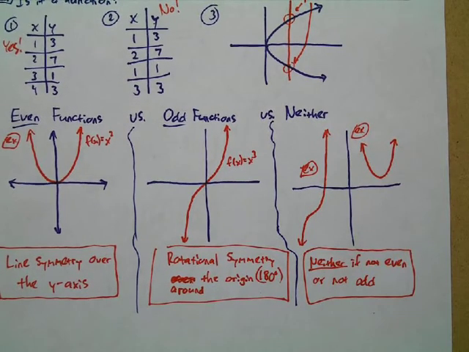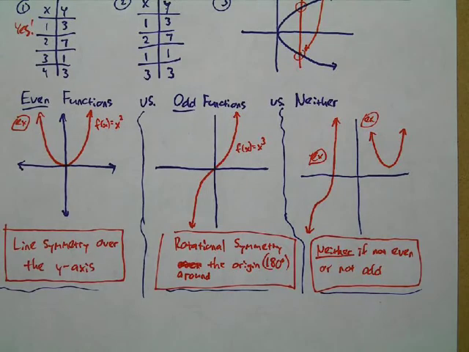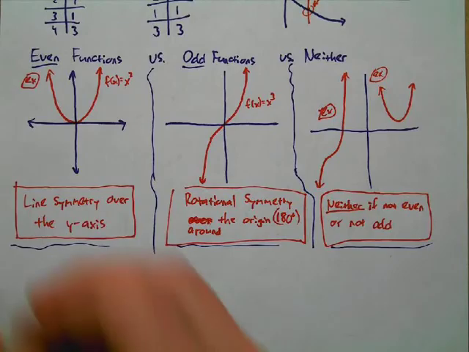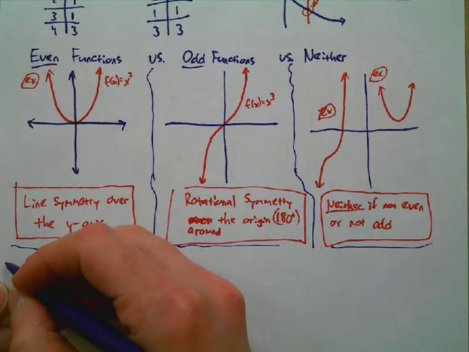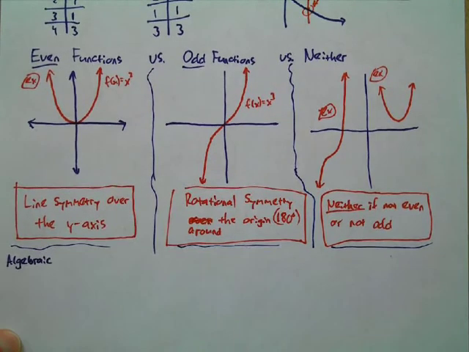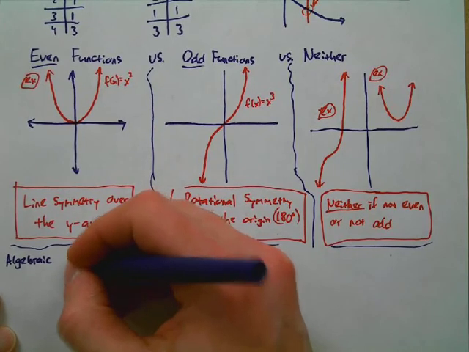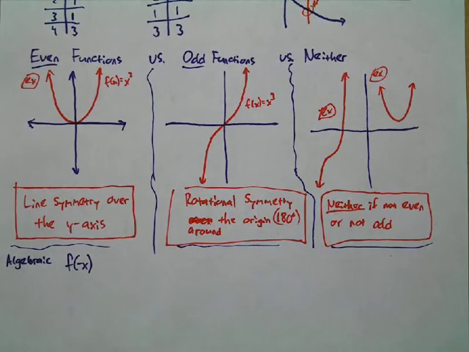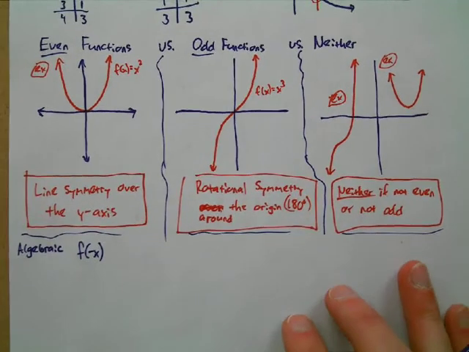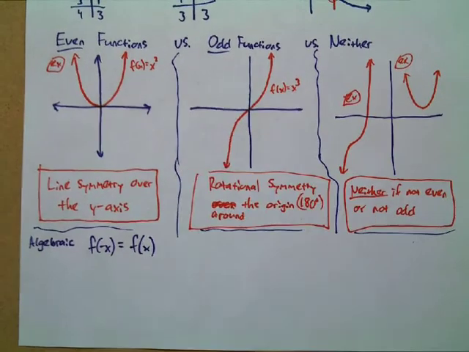Okay. There's one other way we can determine this too, and that is using algebra. So I'll show you the algebraic way. For an even function, if you take your function and evaluate a negative x in the function, so if you do f of negative x, your result should be back to the original function f of x.